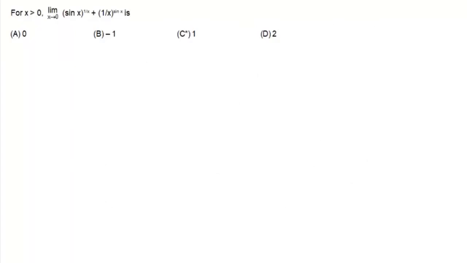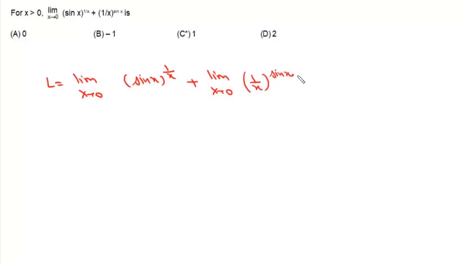Now here the question is, we need to find this limit when x tends to 0. So this is L, and let L be this limit x tends to 0 sin x to the power 1 by x plus this limit x tends to 0 1 by x to the power sin x. Now this is 0 to the power infinity form and this is infinity to the power 0 form.